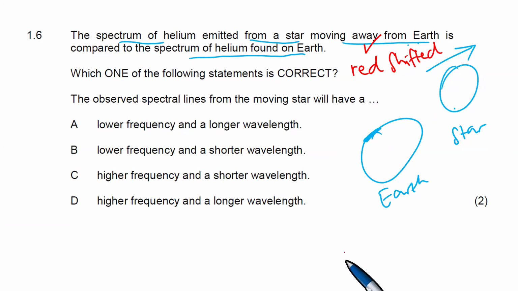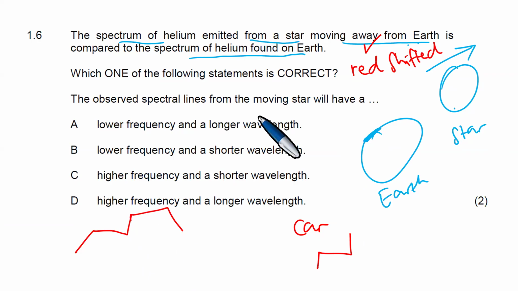Red shifted is like a car that is having the brake lights. Okay, you're thinking very well, well done. A is the correct one because it is red shifted.